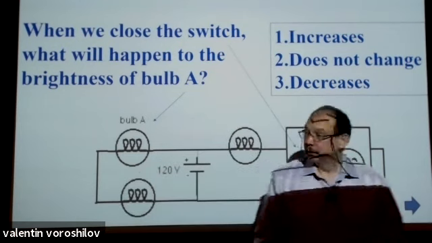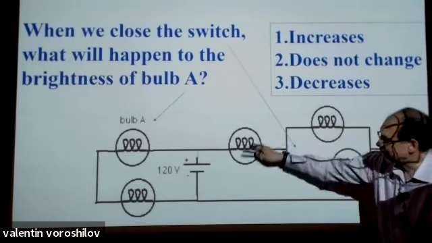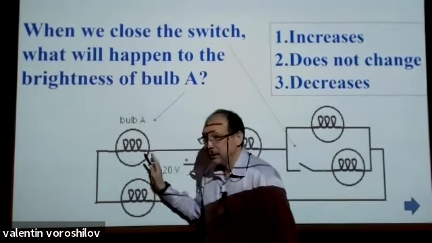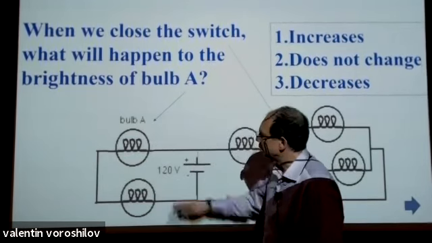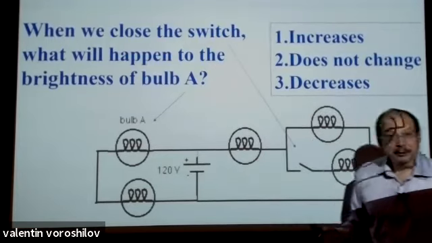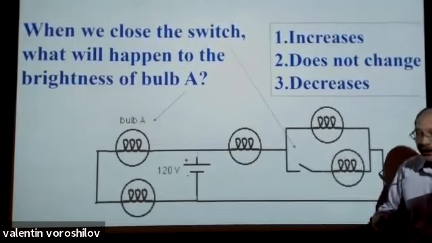So I can close the switch, I can open this switch. Whatever is happening on this side does not affect anything on that side. So it will remain the same as before. Of course, switch open, switch closed, different circuits. But what will be different?